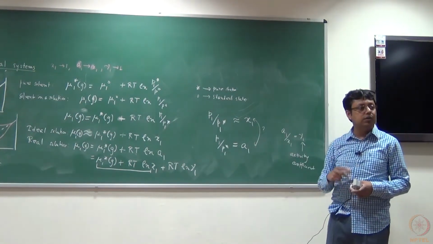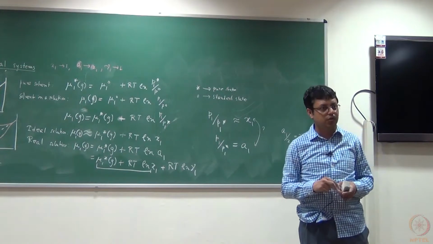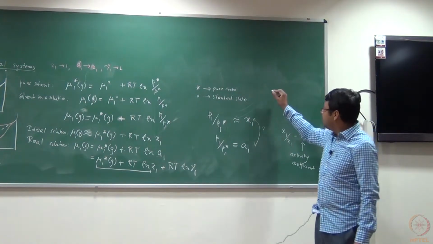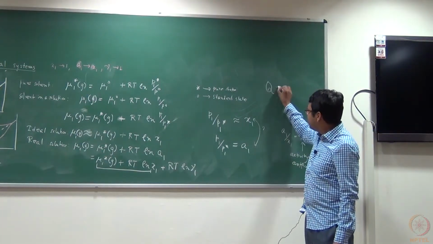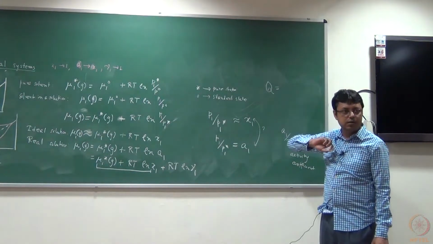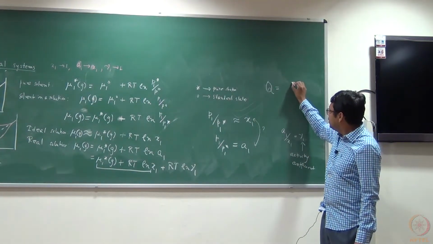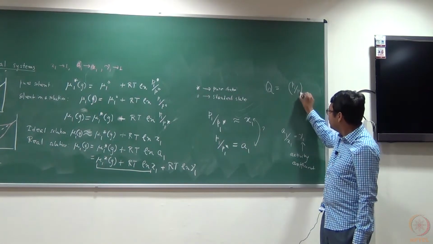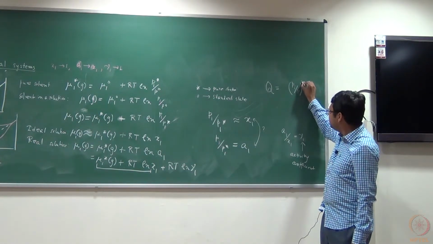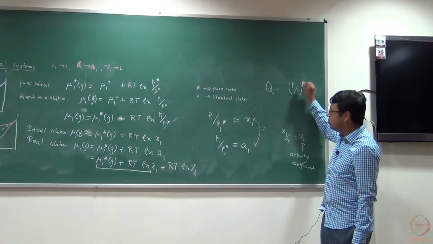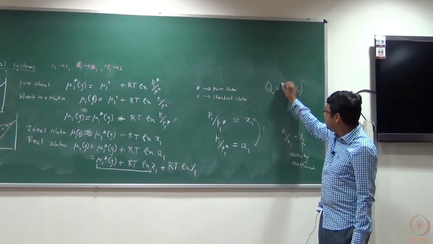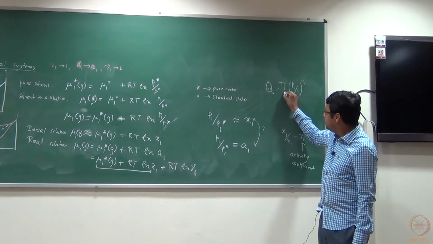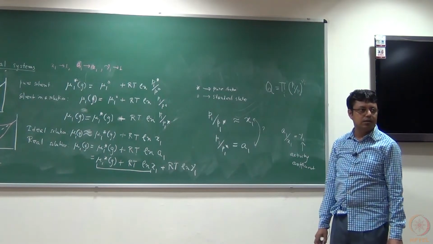Not only that, when we discussed the chemical potential, we had something like a reaction quotient, right? Which was basically p_i by p0, to the power of the stoichiometric coefficient mu, and the entire multiplication.